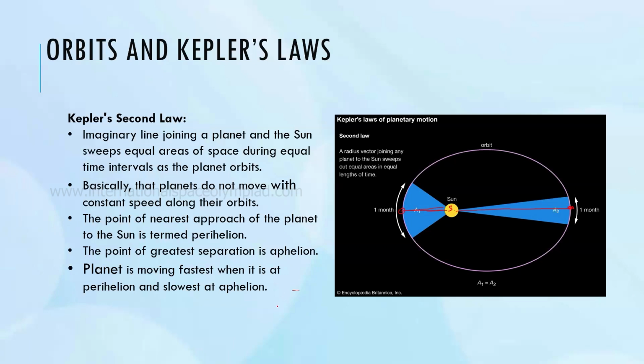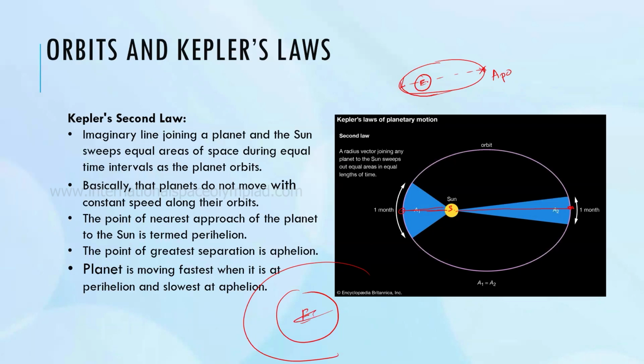If you take the same case of Earth and the Moon, I will draw another one. Earth and Moon, something like this. Here also we have that farthest point and the nearest point. You may feel that this is the nearest, but this is the problem with my drawing. So this is the nearest point. This farthest point is called apo.